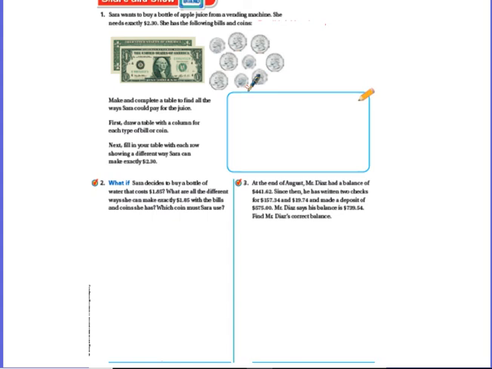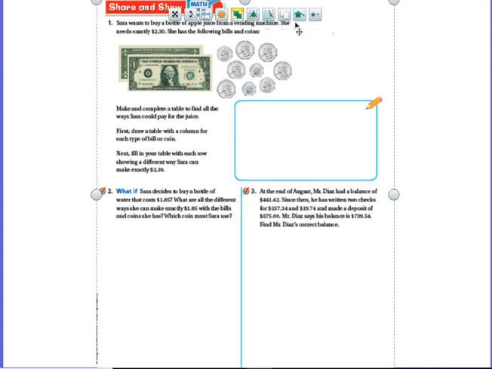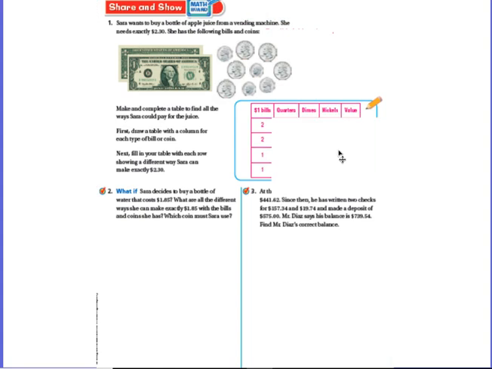So let's check out what she has to build a table. To build the table, first of all, we would put how many dollar bills does she have, how many quarters does she have, how many dimes does she have, how many nickels does she have.